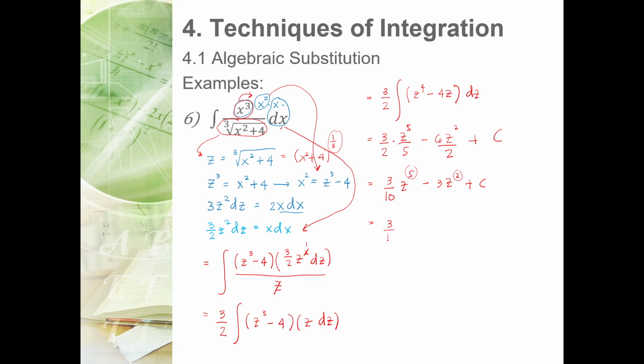So 3 over 10 times x squared plus 4 raised to 5/3 minus 3 times x squared plus 4 raised to 2/3, and then plus c.